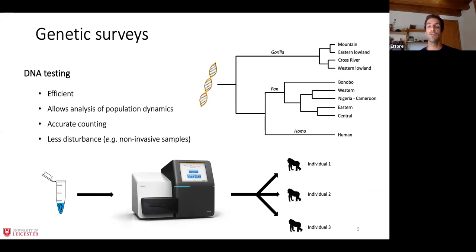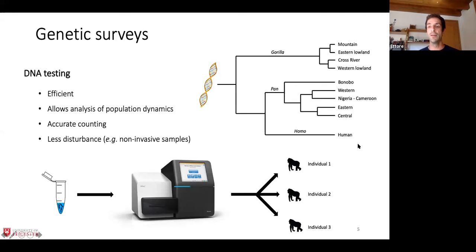Once you've managed to profile, which means identify, all your individuals, you can access accurate counting, but also start to analyze population dynamics, such as gene flow, and understand how individuals move from one group to the other within the home range. There's also another important aspect that is not discussed very often, which is less disturbance to the animals compared to other methods. New technologies allow you to exploit non-invasive samples, such as hair and fecal samples.